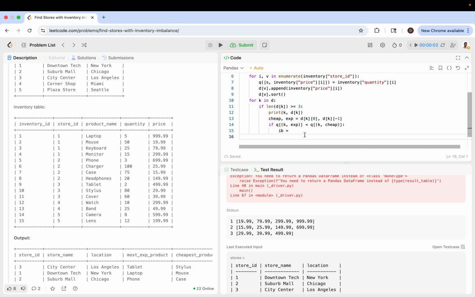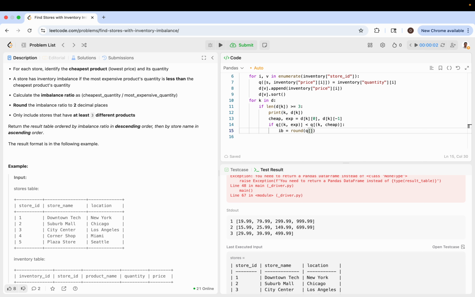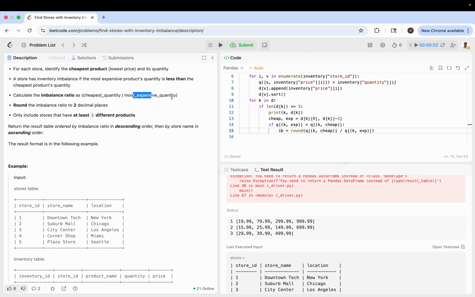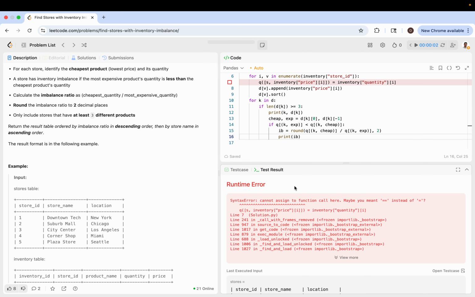So okay, we can just say we also want to round it to 2 decimal places. So let's say round, we just want to take q of k cheap divided by q of k expensive, as it says here, cheapest quantity divided by most expensive quantity, and then round that to 2 decimal places. Let's print ib.